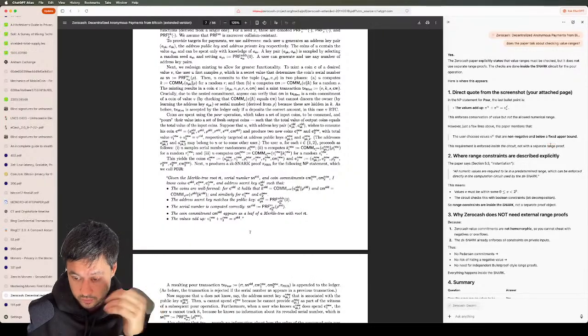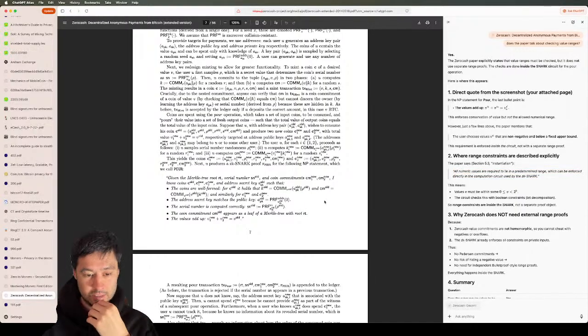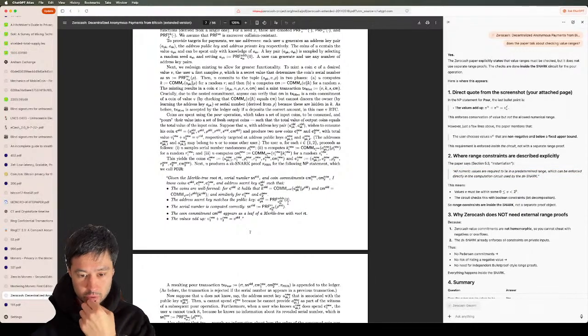Yeah, but that's a range proof, right? Okay, so we're going to trust that there's a range proof. It's part of the circuit, but who cares?